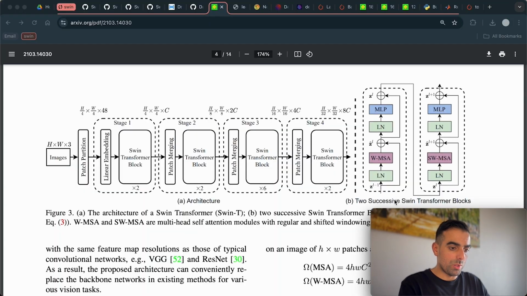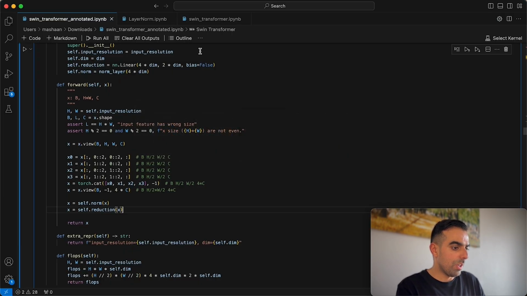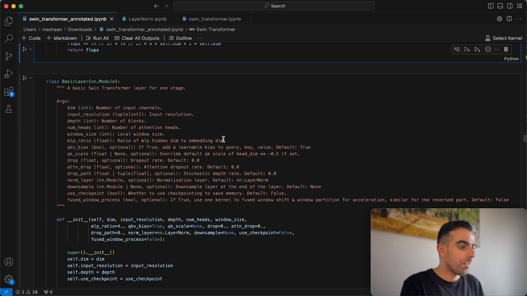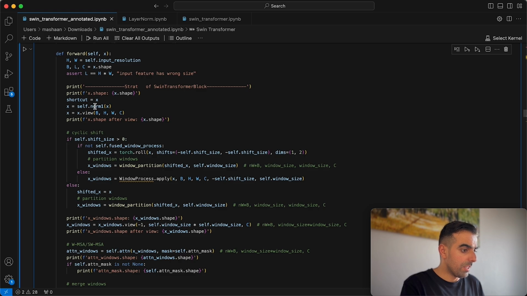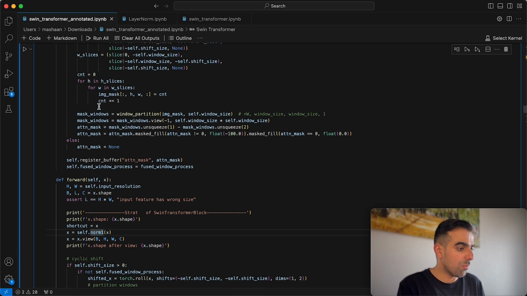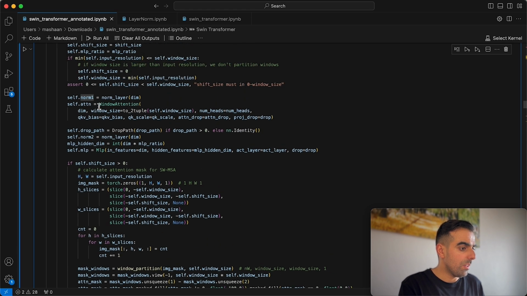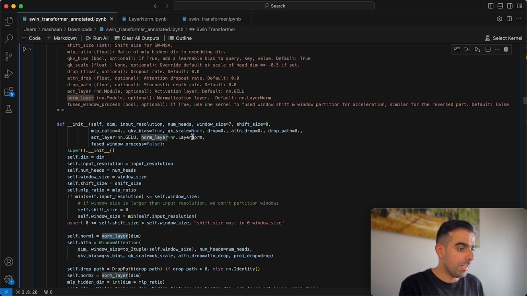Before I start talking about the Swin Transformer blocks, I want to talk about the LN layer, the layer norm layer. So if you look into the code, this is a Swin Transformer block, and it starts by running the multi-dimensional array through a layer norm 1, and this is norm 1, and it's a layer norm from torch.